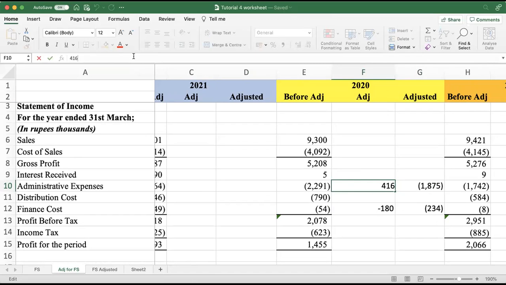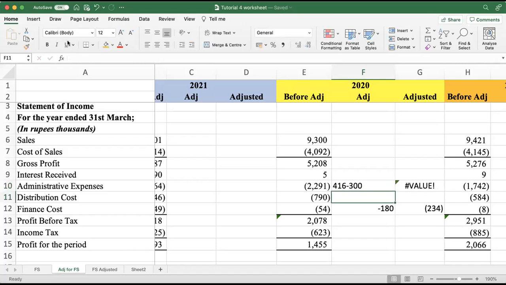So depreciation, $300. So your administrative expenses increases by 300. Then the value is 2,175.